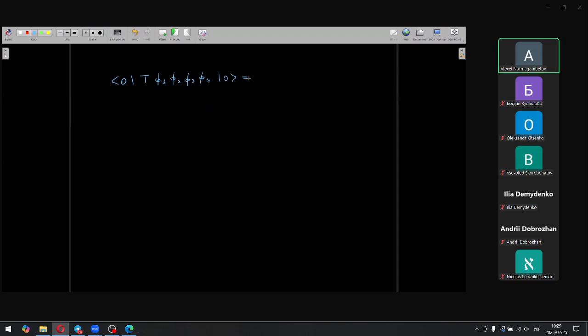By definition, it is equal to the imaginary unit to the power of 4. Then we have to use 4 functional derivatives of the external sources at different points. Let's denote these points as 1, 2, 3, 4.